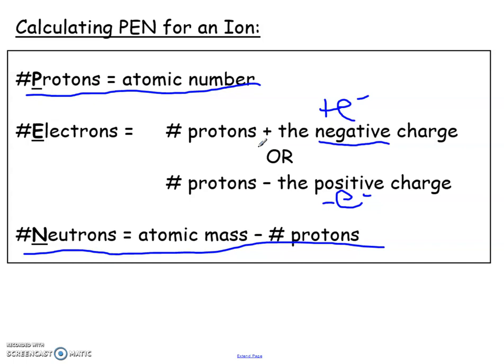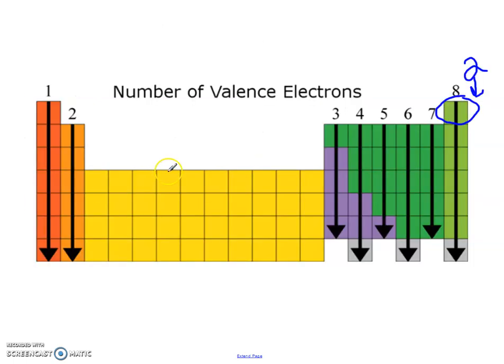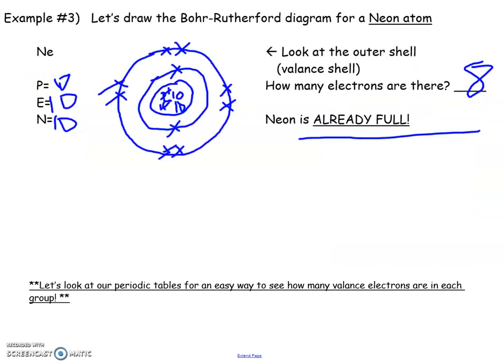So, how do you know how many it's going to gain or lose? It depends on the number of valence electrons. That's why we went through this. Remember that the goal is to have a full octet, or the full 8 in its shell. So it will gain or lose according to whichever one is easier, just like we discussed over here.